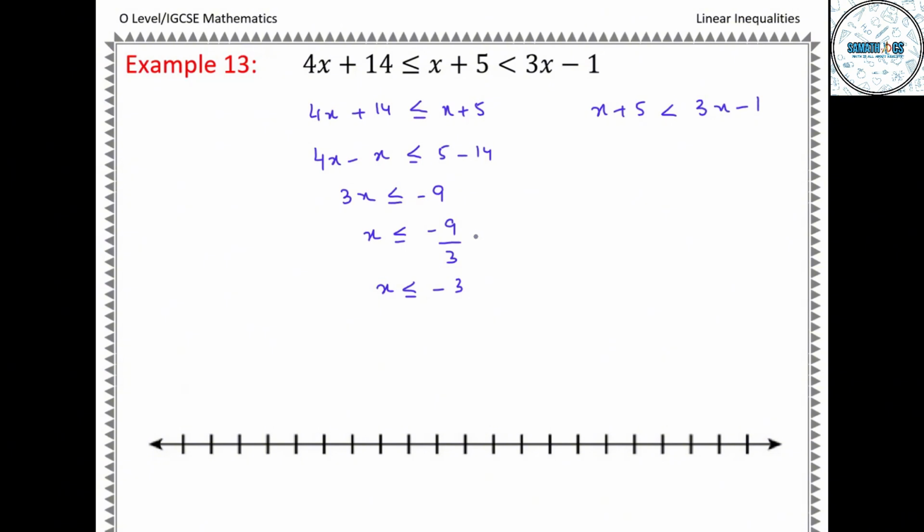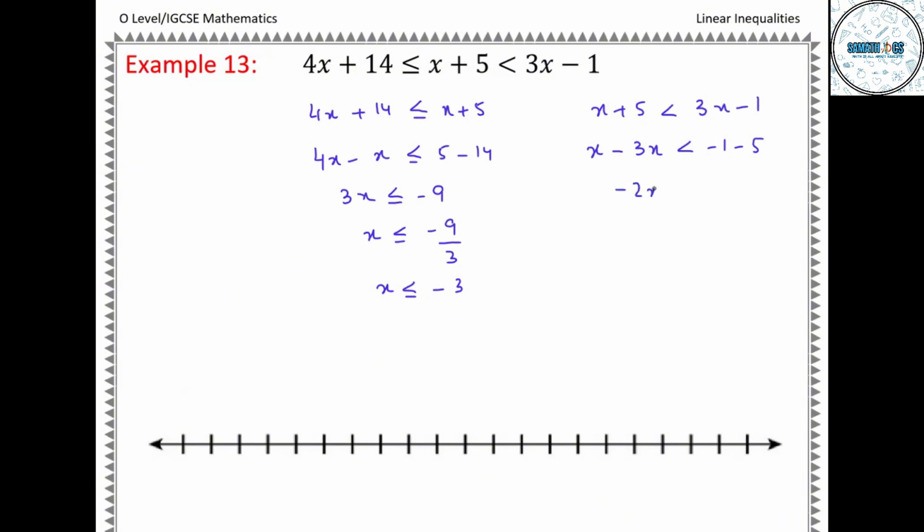We don't have to change the sign of inequality over here because we have not divided by a minus. So we don't have to change the sign of inequality. Then we have x minus 3x is less than minus 1 minus 5.